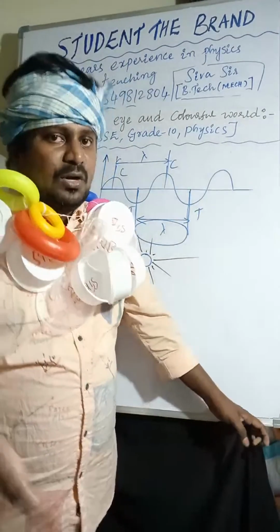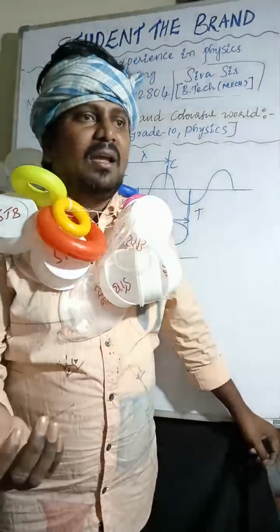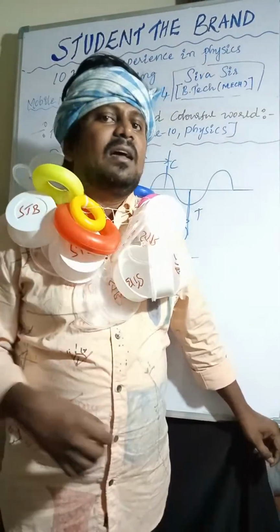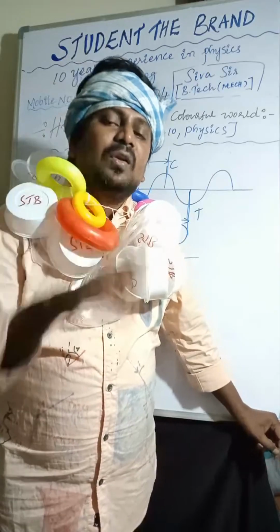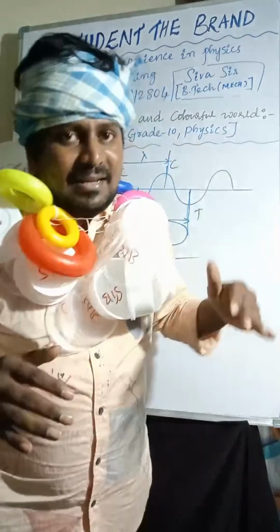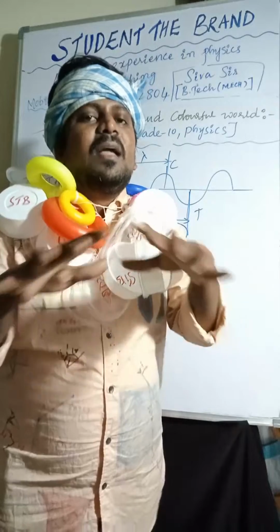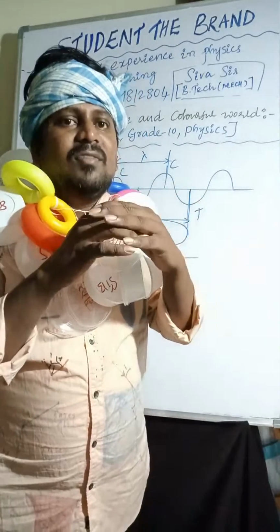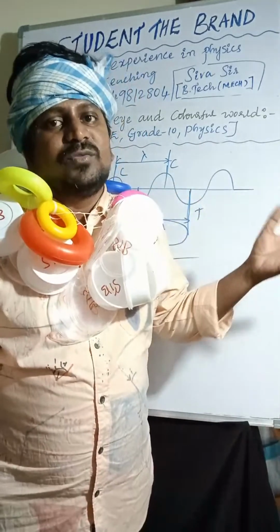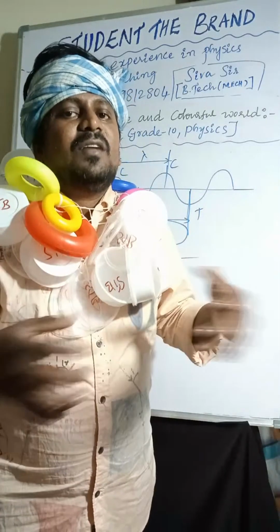The sky appears reddish in the morning and evening, blue in the remaining time, and white at noon. At noon, when a light ray reaches from the sun, because of the clouds all the light scatters equally in all directions. That's why all colors are mixed and we see white light.